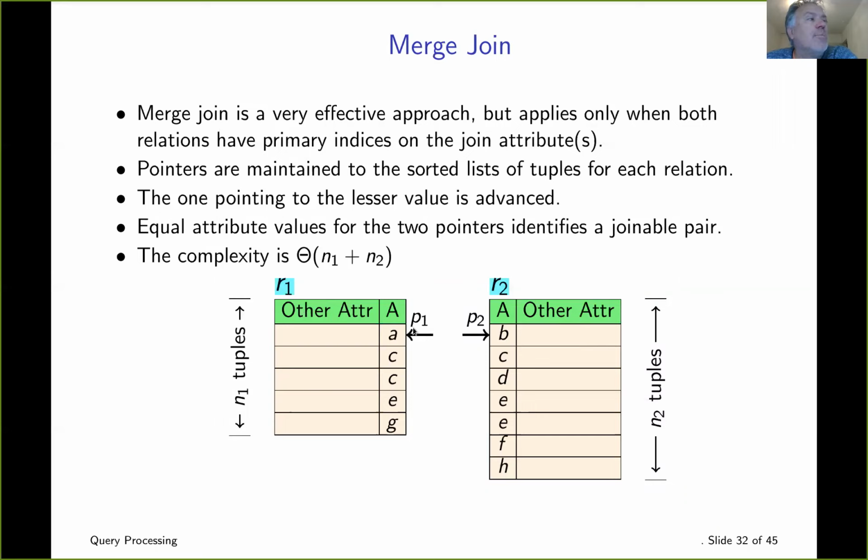So all you do is keep pointers on each and walk through both files. You go through the N1 tuples here and the N2 tuples here in order. Since they're already in sorted order, as you find matches, you join them. So it's really easy. You just zip things up, since they're both in order, and join them together. That's why it's called a merge join.